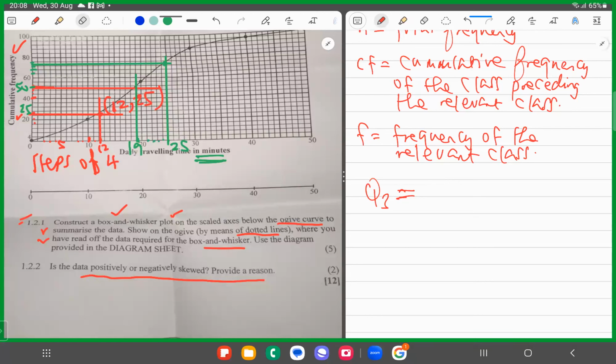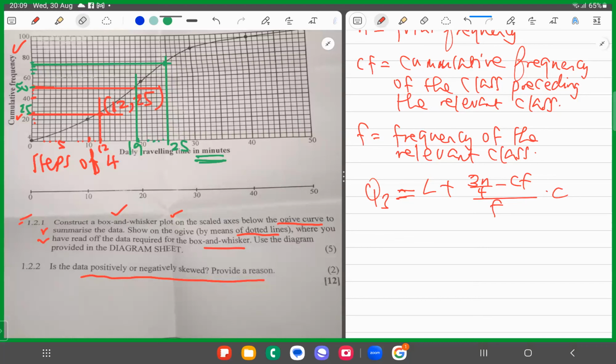Okay, Q3 will be given by L plus 3n over 4 minus CF, we divide everything by F times C. That would be the Q3, and we stated that above. So I wouldn't want to repeat that one, otherwise I'll just be wasting time.